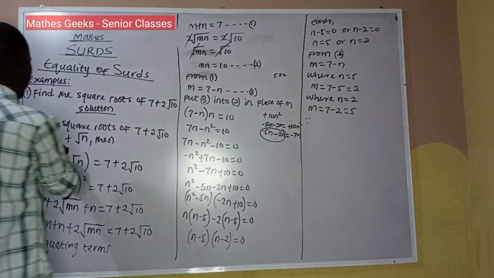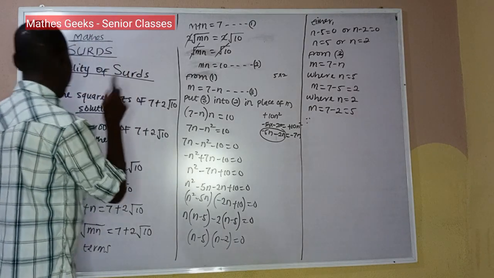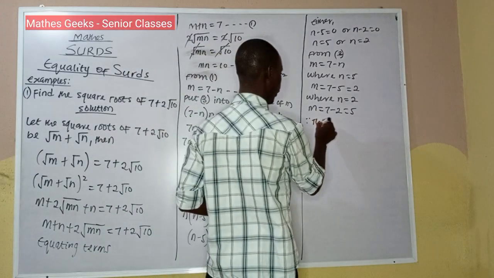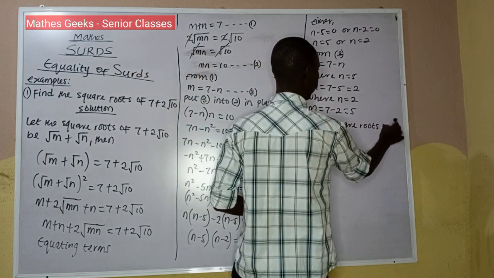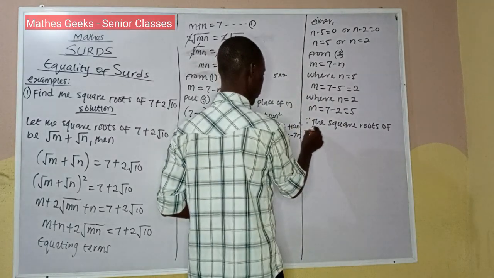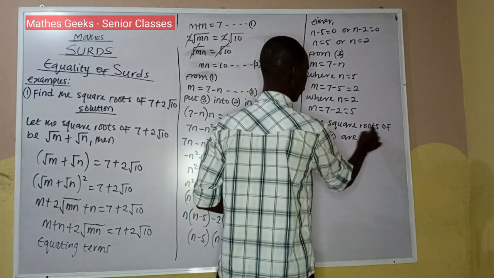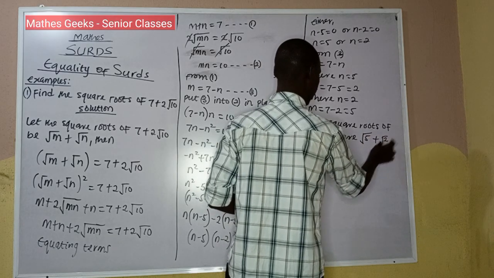So if m is 5 and n is 2, or if m is 2 and n is 5, therefore the square root of 7 plus 2 root 10 is root 5 plus root 2.